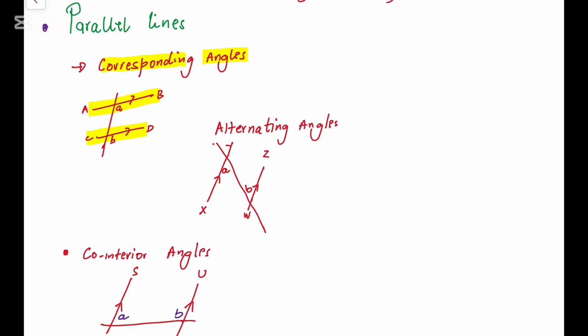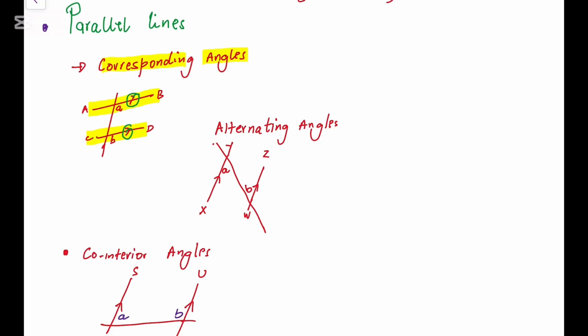Remember, in the test or exam, you need to be told that lines are parallel. If it is not written in a statement, they will denote it with these arrows. These two arrows tell you that lines are parallel. If two lines are parallel, you can get corresponding angles.